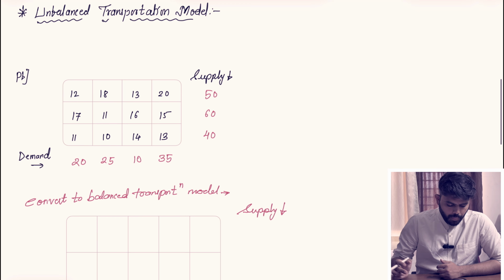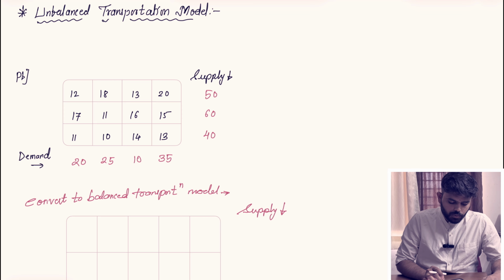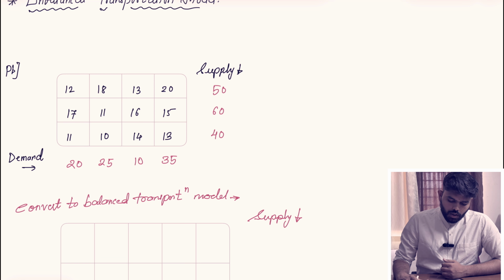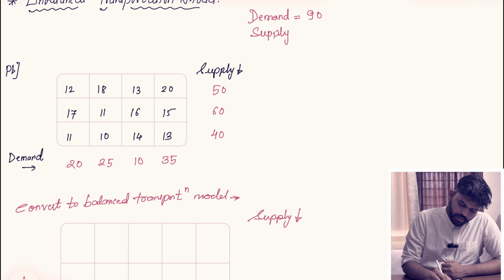Now we know that the transportation model will be called a balanced transportation model if the total demand is equal to total supply. Now in this problem, if we add the total demand, our total demand is equal to 90 and our total supply is equal to 150.